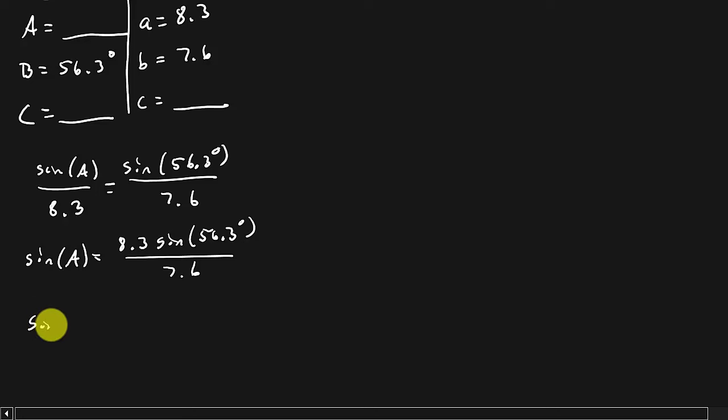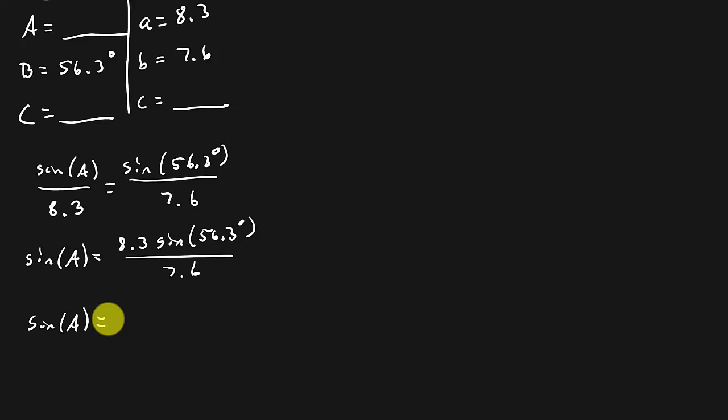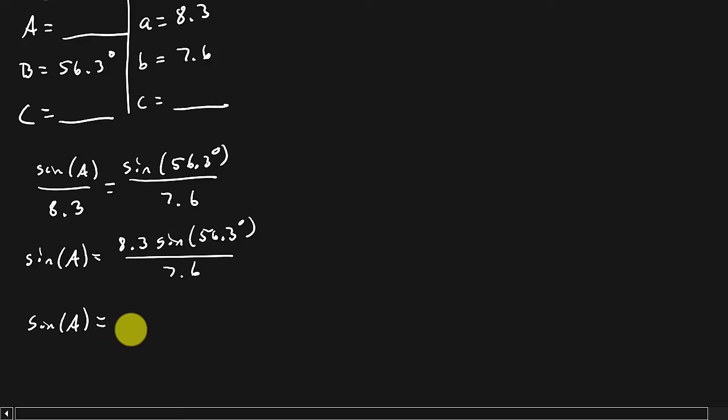So I'm going to get sine A is equal to, and this we'll have to punch into the calculator, 8.3 times the sine of 56.3, and then that's divided by 7.6, and that's going to give me 0.908581475.